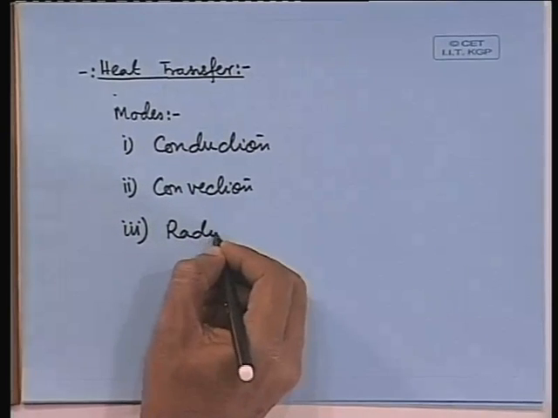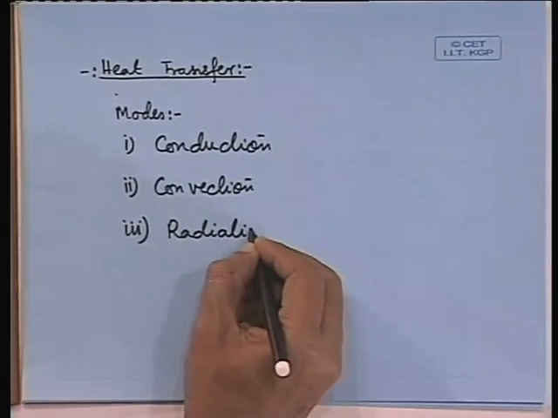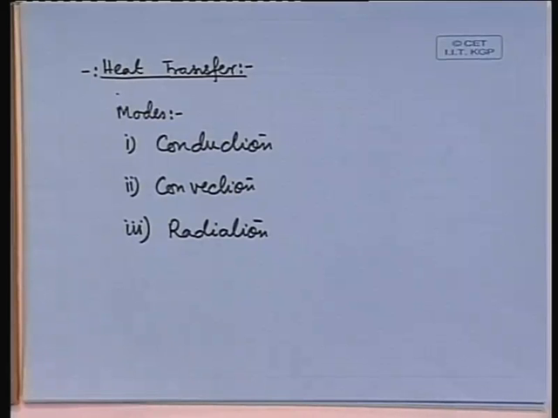We will discuss them one by one. I would like to give you some of the basic laws of conduction, convection and radiation, and then some applications where we need to use them.